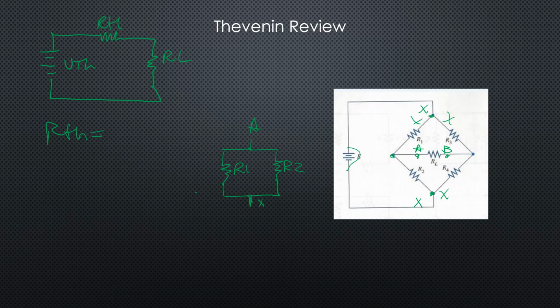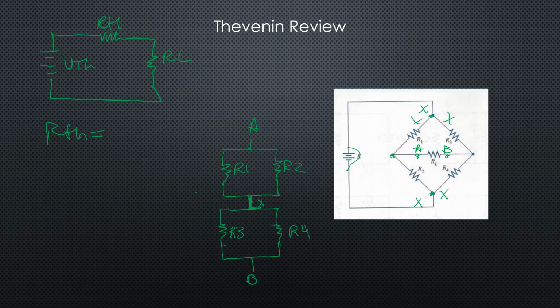So once we're at that point, they're all physically connected, and we can see that in order to get back to B, we've got to go through R3 and R4. Now we're back to point B. So that's our R Thevenin redraw. The tricky part is right here in the middle where all those nodes kind of come back together.